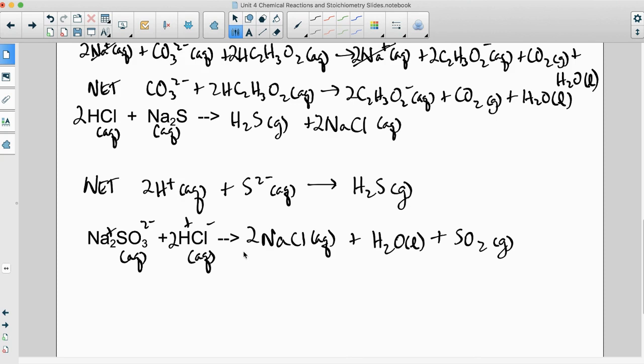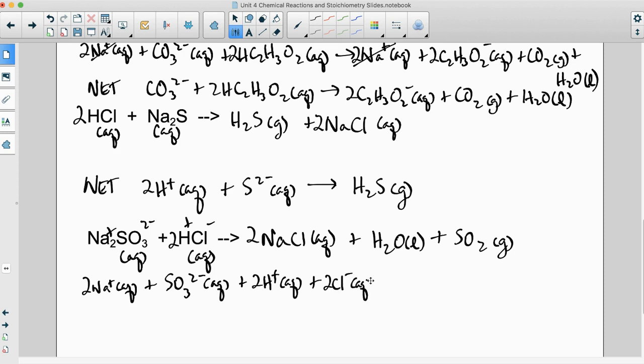If we want to write the net ionic equation out, we can see that we have 2Na+ aqueous plus SO3 2- aqueous plus 2H+ aqueous plus 2Cl- aqueous forms 2Na+ aqueous, right? I dissociate all of the things that I'm supposed to dissociate.